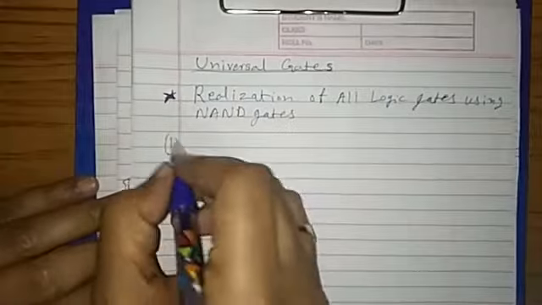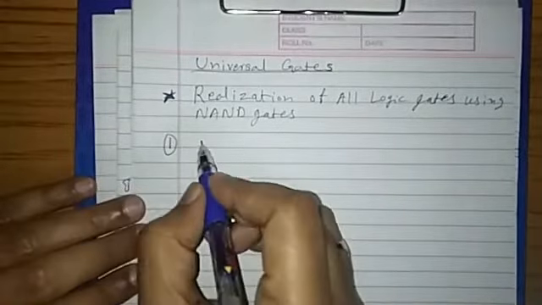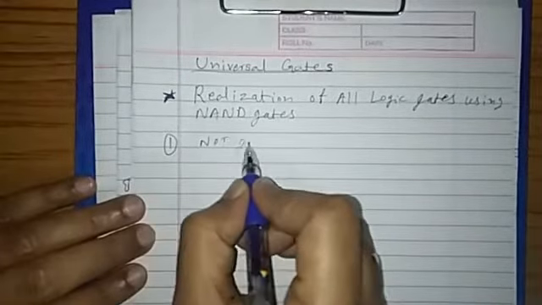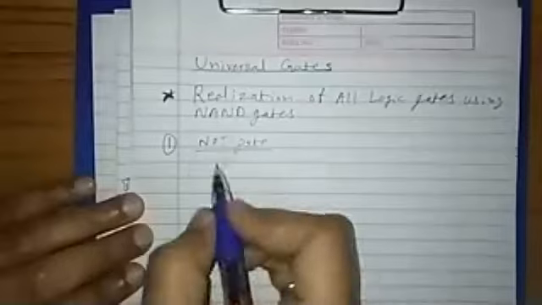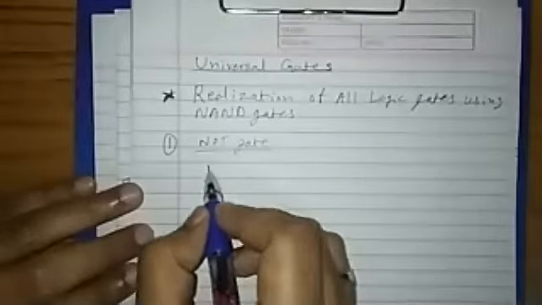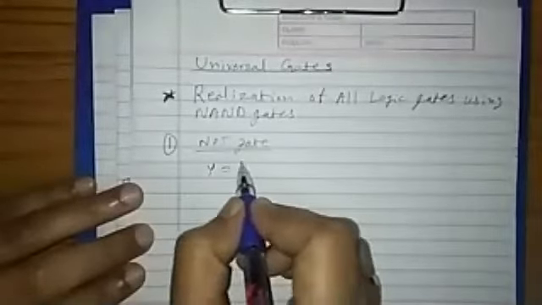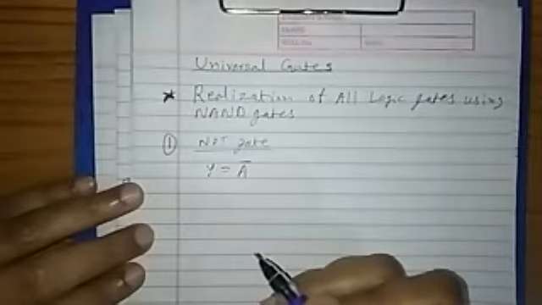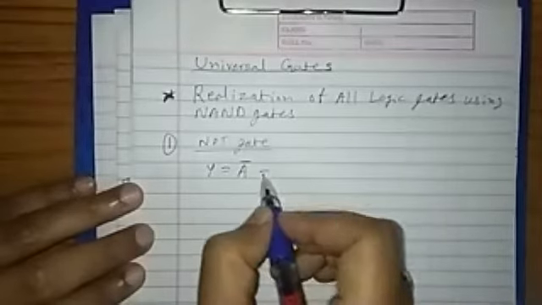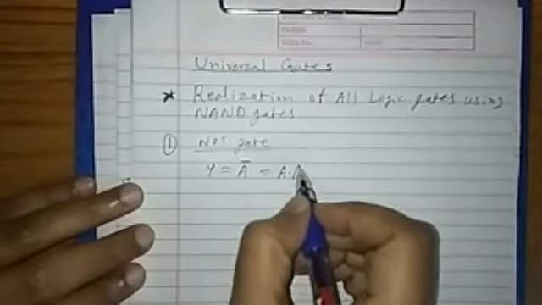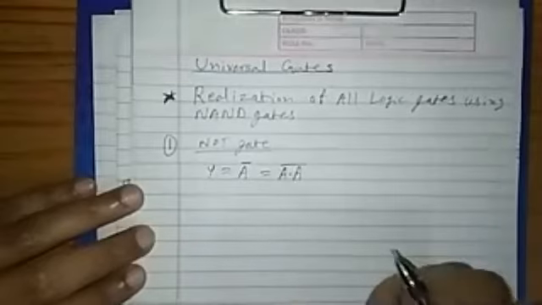Okay, first gate you all know, it is NOT gate. What is a NOT gate symbol? You know, Y is equal to A bar. The same expression I can write like (A dot A) whole bar.